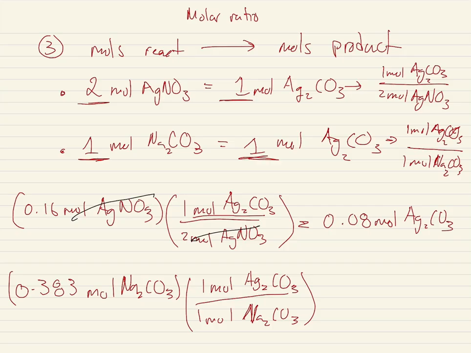That's what's going to be precipitating here. So we're only focusing on that product for right now. That's going to give me 0.383 moles of silver carbonate. Right, so which one of these is our limiting reactant then?